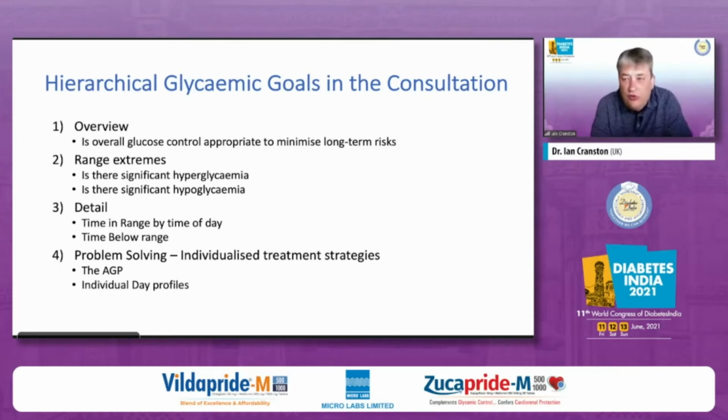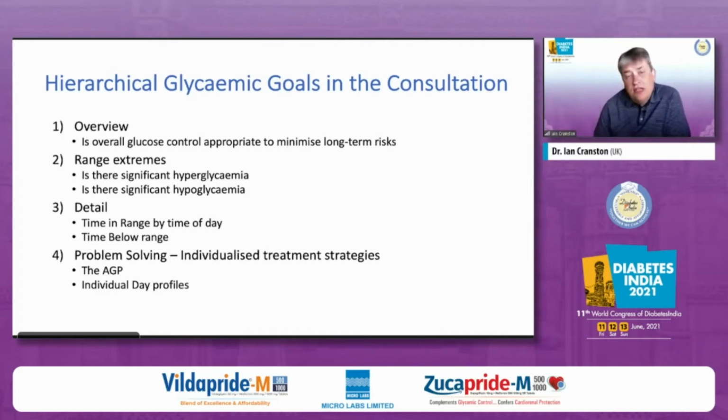The tools we've had historically have been quite reasonable for looking at overview tests of an individual's average glucose, but, and I'm thinking of the hemoglobin A1C here, they give us virtually no information about the range extremes: how high it might go, how low it might go, and in particular the detail around that, which is the times of day we might see those things and the risks related to glucose variability, for example.